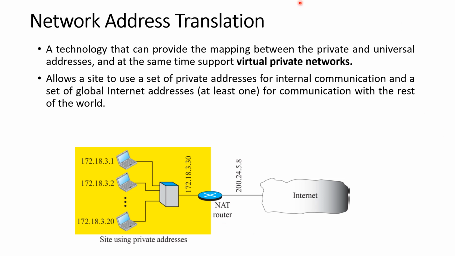NAT can work with VPNs to allow secure remote access to the private network, enabling users to connect safely over the internet. Some of the benefits are: multiple devices can share a single public IP address. Private addresses help protect the internal network from external threats.